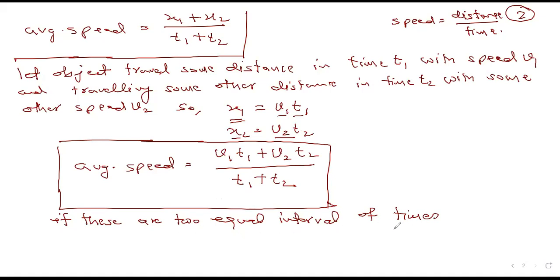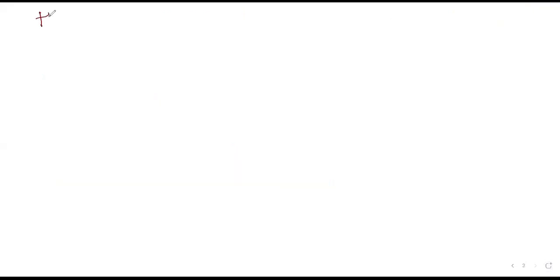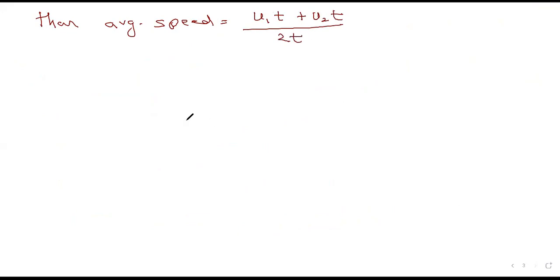If these are the two equal intervals of time, that is t1 equal to t2 equal to t, then what will be the average speed? v1 t plus v2 t upon 2t.